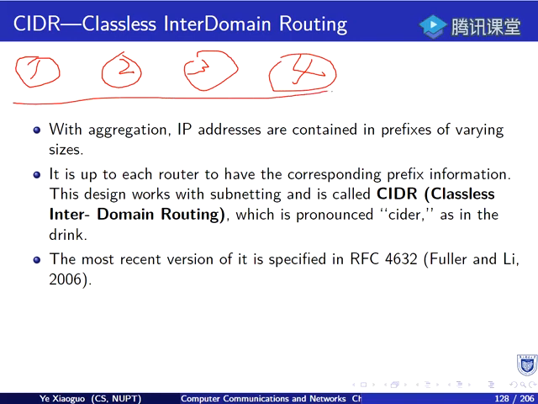So this is the development of IP management: the basic IPv4 scheme, the subnetting scheme, the CIDR scheme, IPv6, or NAT with private networks. Here we talked about CIDR after subnetting.